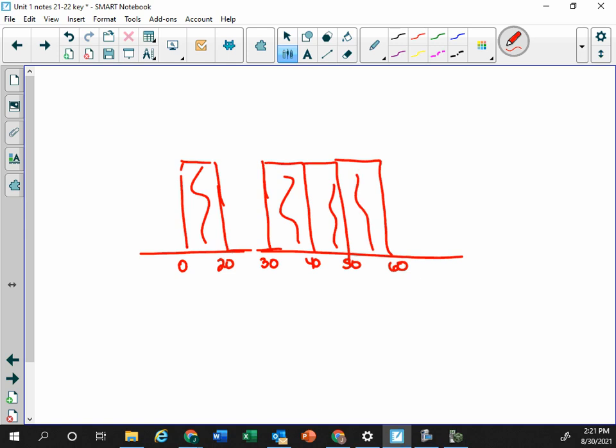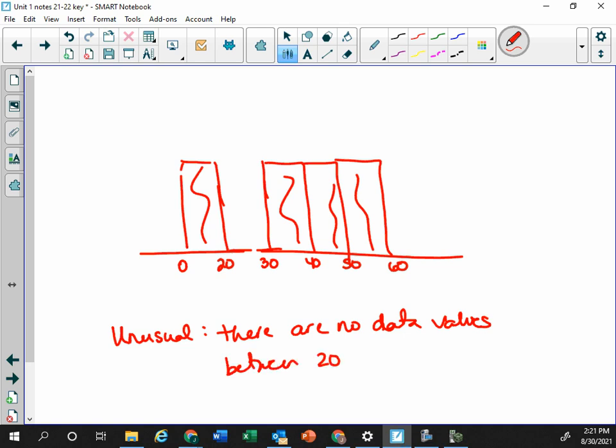When you're describing this distribution, you'd go unusual features and you'd say there are no data values between 20 and 30, or whatever your category is, or if we're talking age here, 20 years and 30-year-olds. So this would only come up when I'm saying describe the distribution, and you have to go through center, unusual features, spread, and shape.